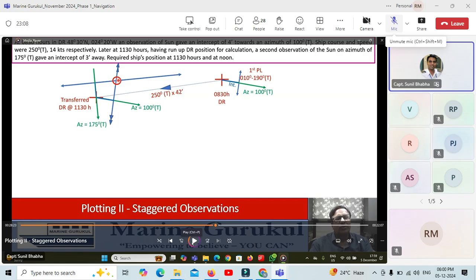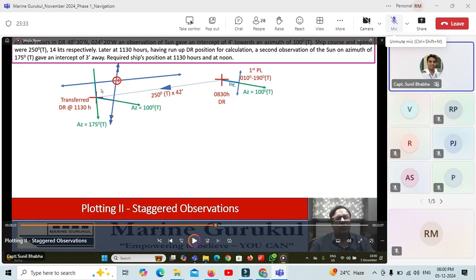Beta, if we did not transfer the DR, then what would we need to transfer in that case? ITP. Now tell me, if we transfer the ITP, I agree that you can transfer the first PL, okay? You will exactly reach the ITP of the transferred PL. You can draw the transferred PL.